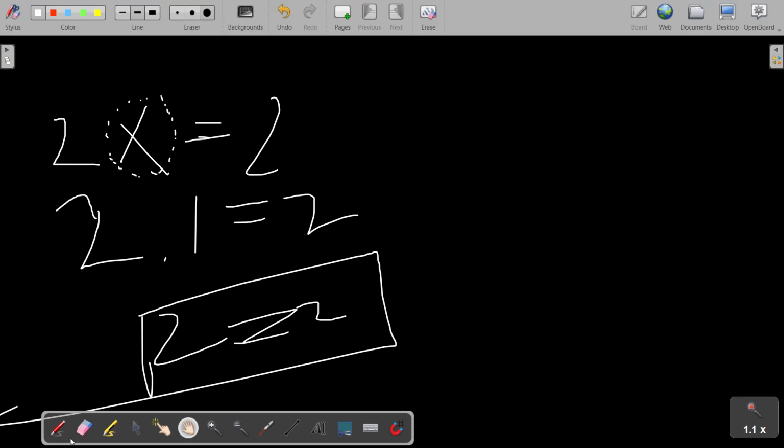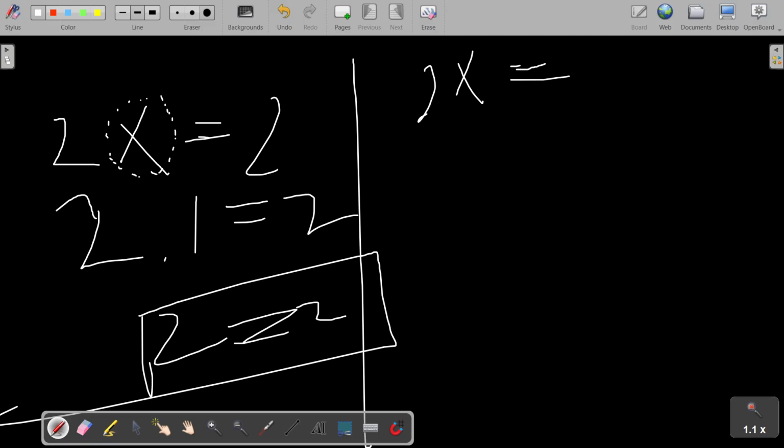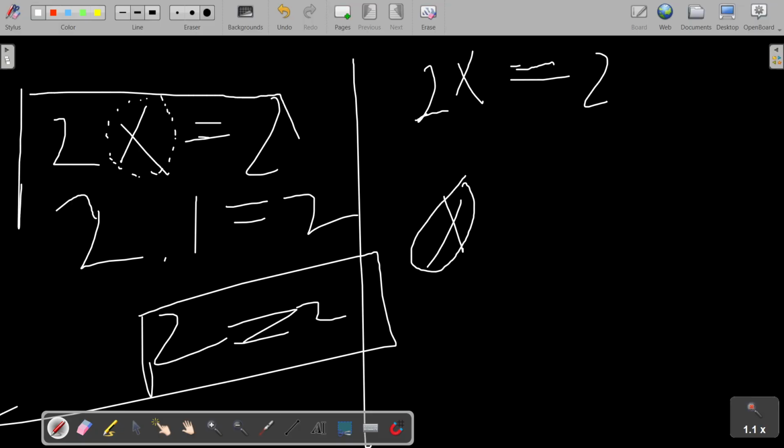So either we can predict that, or we can just simplify this by adding or subtracting, or multiplication or division of any number. So what do we want? We want only the x value, so that this equality becomes true.